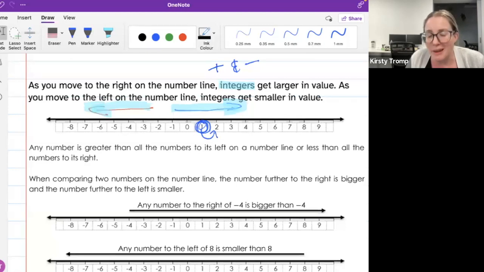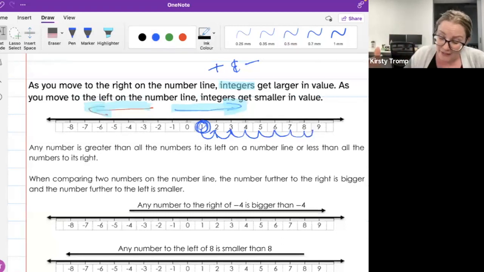Is the number 1 bigger than the number 2? Yes, we all know that. We've been doing this for a long time. As we move across again, we get to the number 3, 4, 5, 6, 7, 8, 9. So we get bigger in our values as we move to the right.